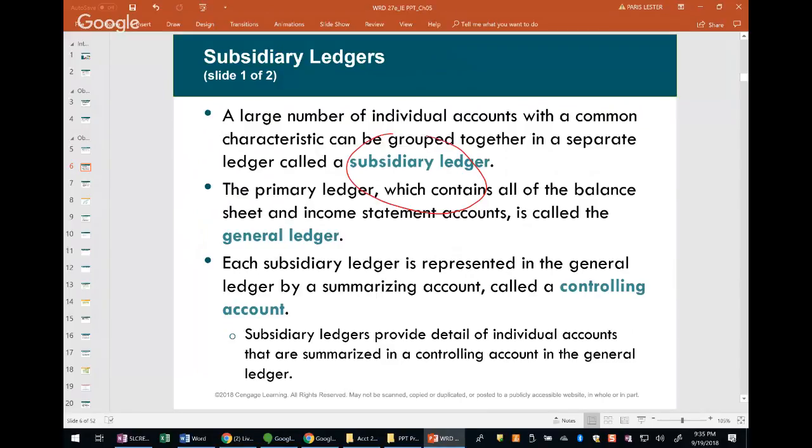So there's two main subsidiary ledgers. All right, your general ledger is just your accounts receivable, one account. But you got all those people that owe you that you gotta keep up with. Each subsidiary ledger is represented in the general ledger by a summary account called a controlling account. That's accounts receivable and accounts payable.